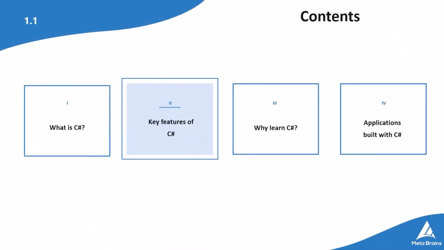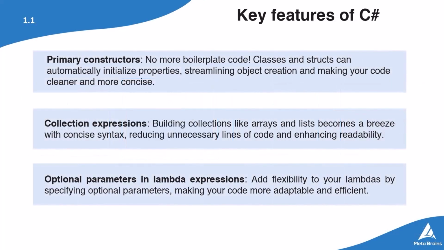Now, let's get into the key features that make C# 12 stand out. The first feature we'll talk about is primary constructors. Classes and structs can automatically initialize properties, streamlining object creation and making your code a lot more concise. Next, we'll go to collection expressions. That's to say, building collections like arrays and lists becomes a lot more concise.